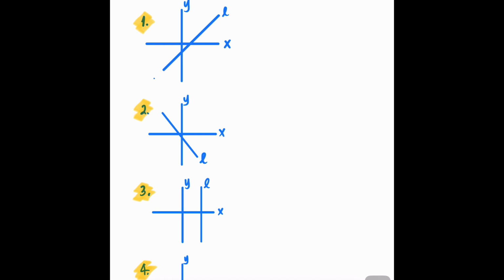And you have line L. Okay, so if the line is rising from left to right, the slope is positive. So all the lines on the coordinate plane that rise from left to right, automatically the slope is positive.